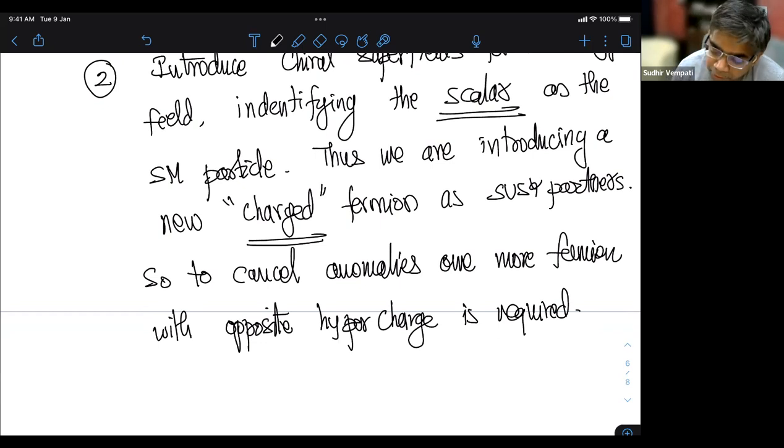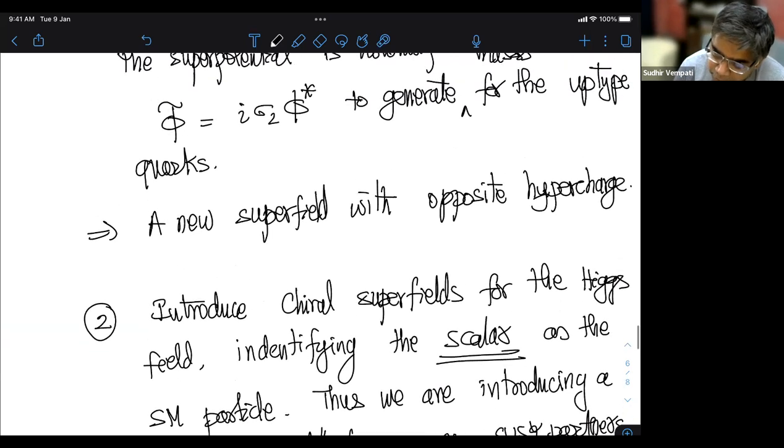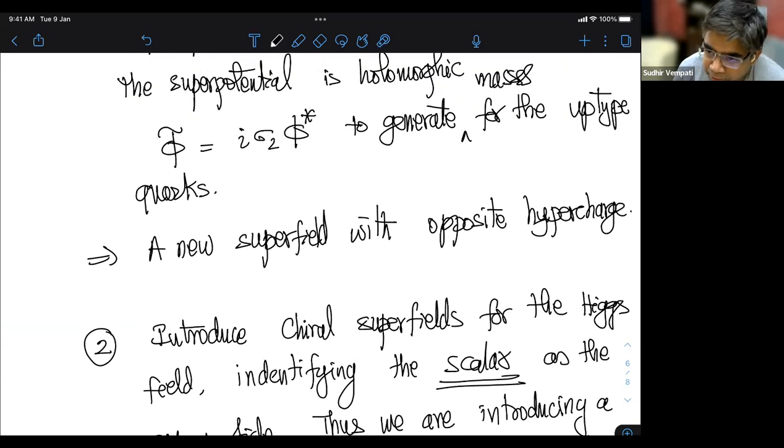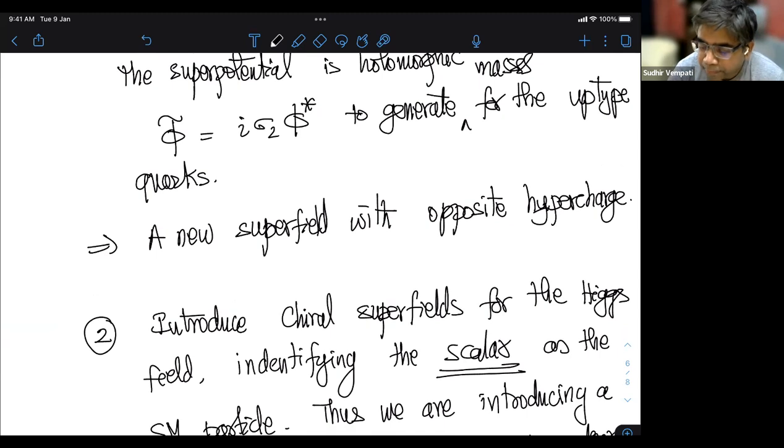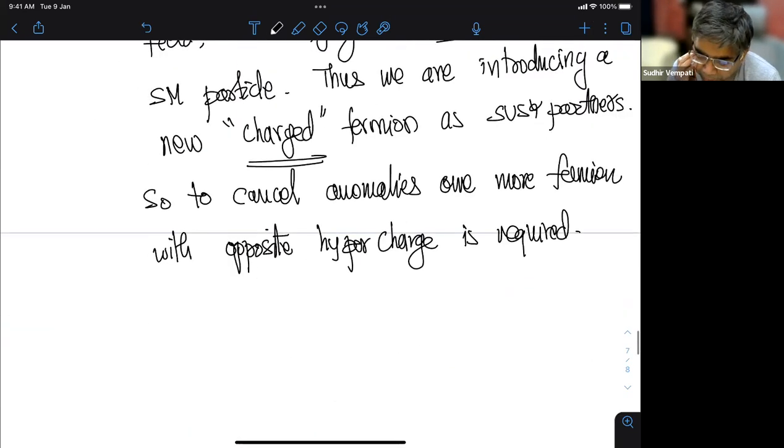That's the reason why we need two Higgs doublets. So the minimal supersymmetric standard model is by definition a two Higgs doublet model, but we'll see that it is slightly different compared to the regular two Higgs doublet model.